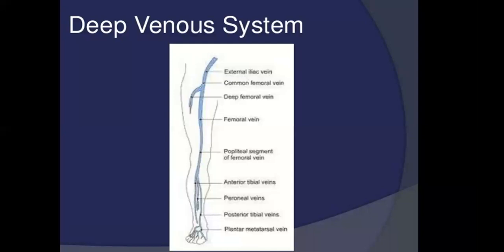From N, we get the femoral nerve. From A, femoral artery. Then from V, femoral vein. From E, it is an empty space. And from L, we get the femoral lymphatics.